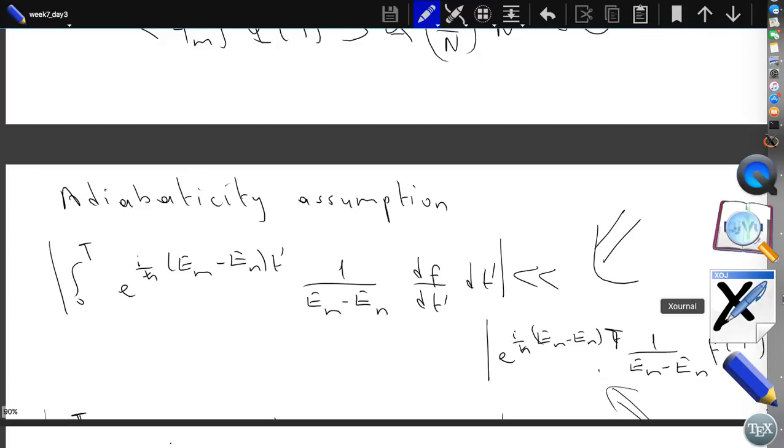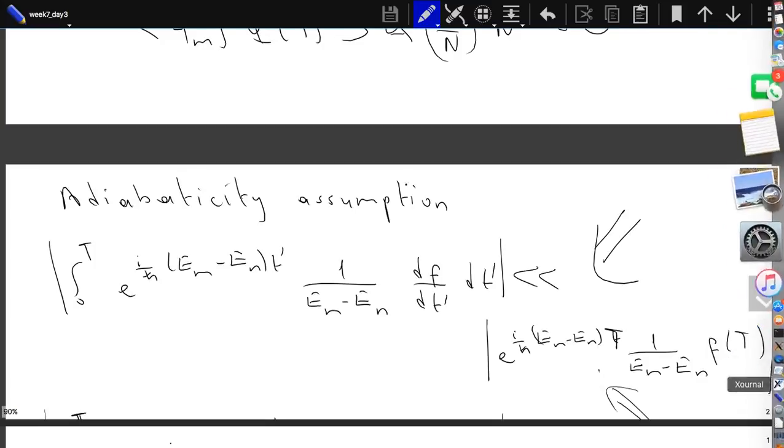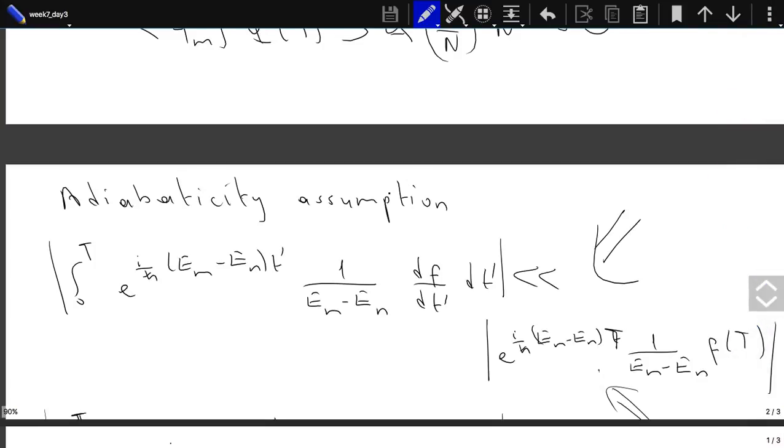And it should be less than the norm of the function. Omega times f should be much less than f. Yeah, but the first f is the Fourier transform. Omega times the Fourier transform should be smaller than the original function.